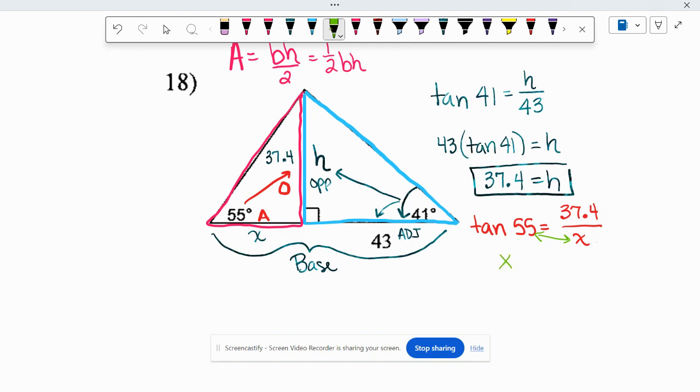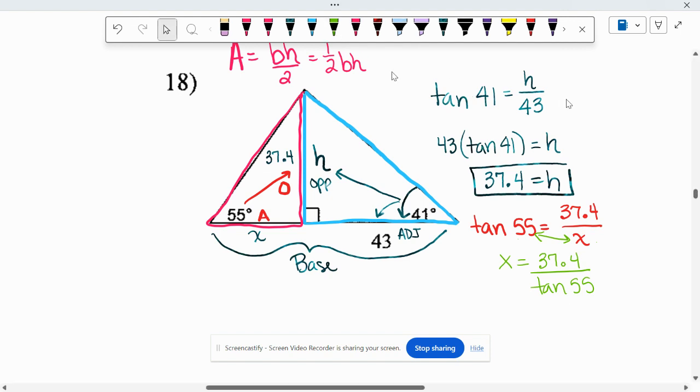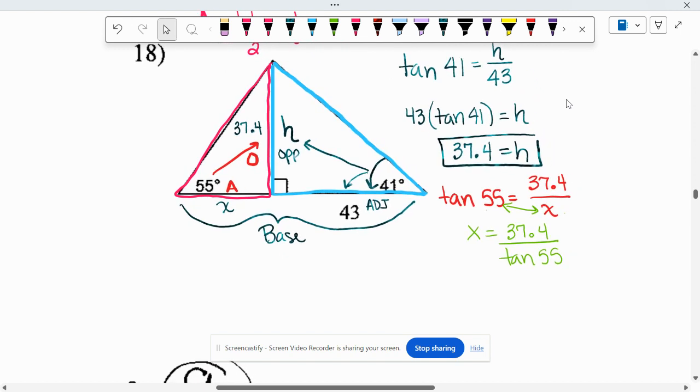So X equals 37.4 divided by the tangent of 55. What do you get? 26.2. Okay, so that's this little guy right here, 26.2.